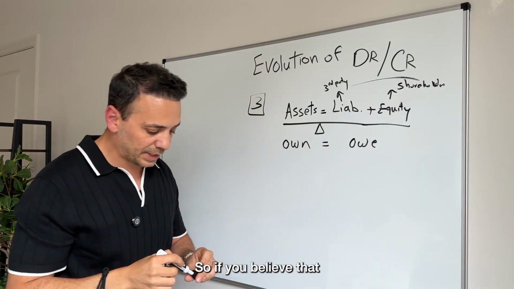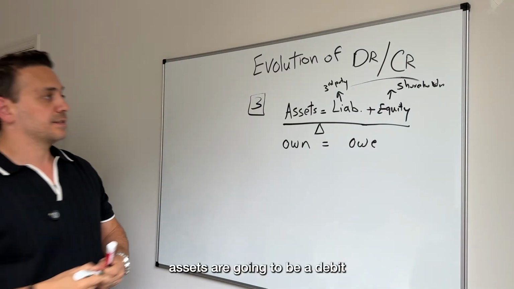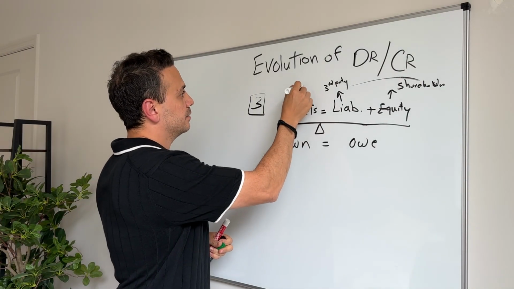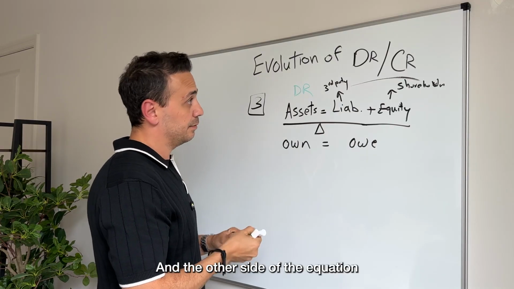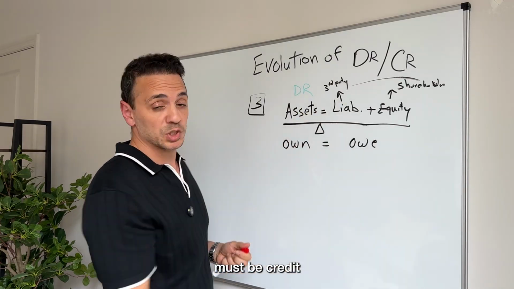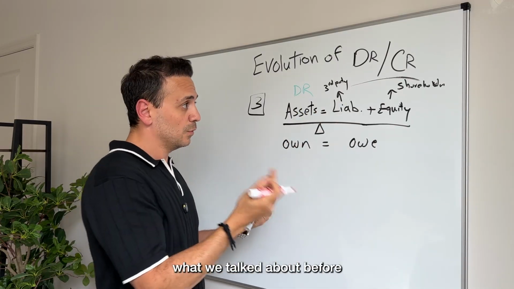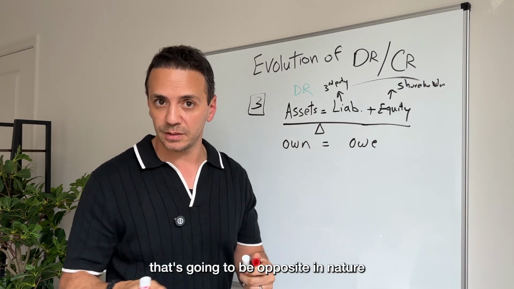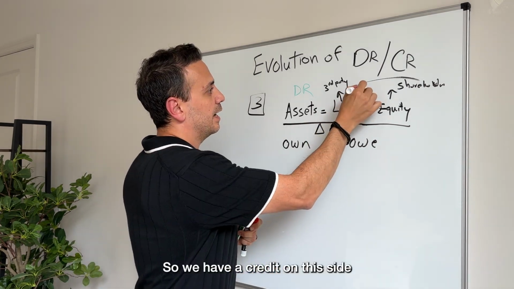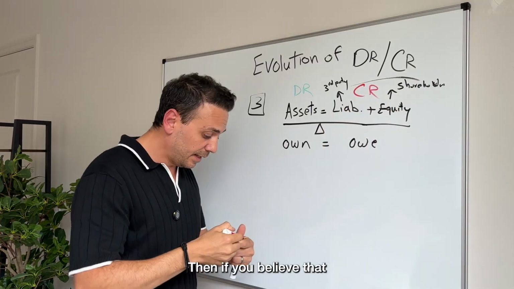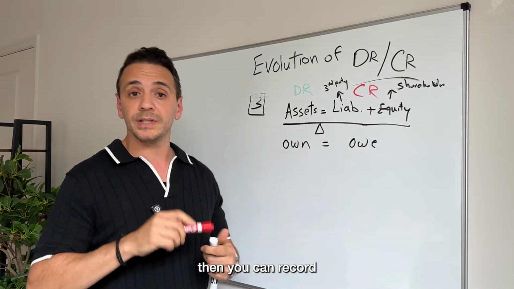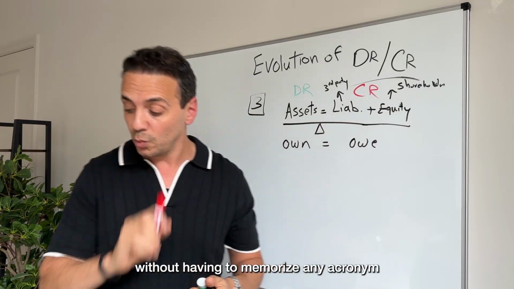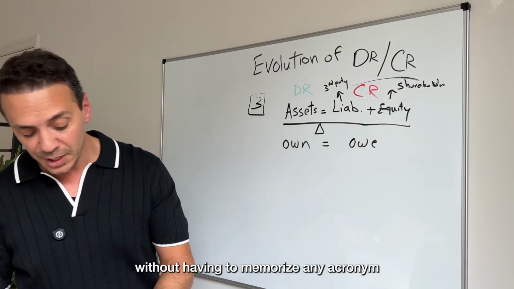So if you believe that, and then you believe that assets are going to be a debit, right? And the other side of the equation must be credit, because this is what we talked about before. For every action, there's a reaction that's going to be opposite in nature, right? So we have a credit on this side. Then, if you believe that, you can record any kind of business transaction without having to memorize any acronym.